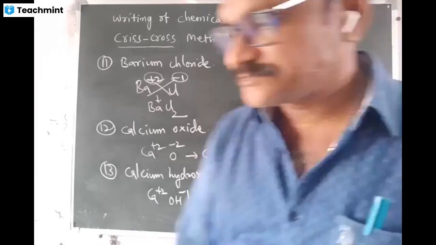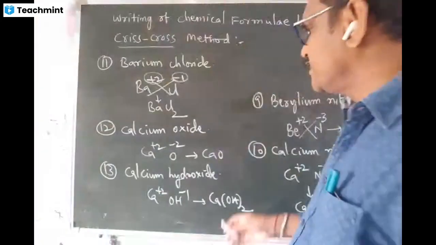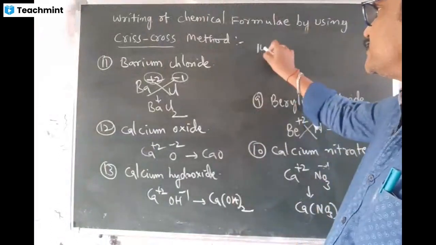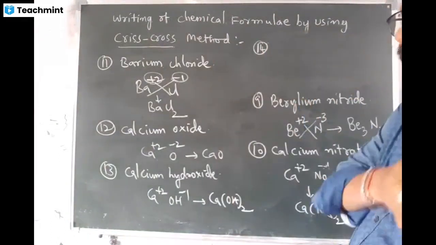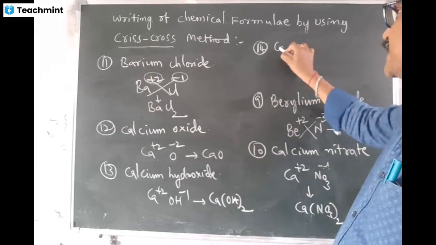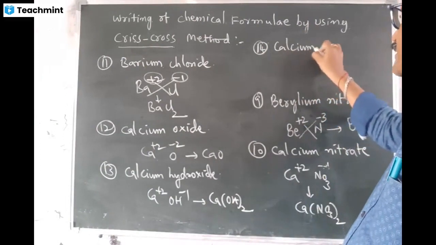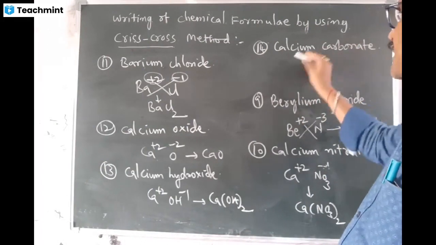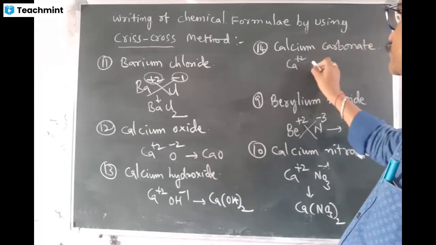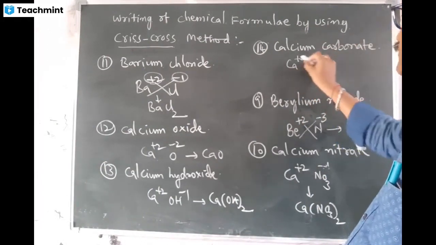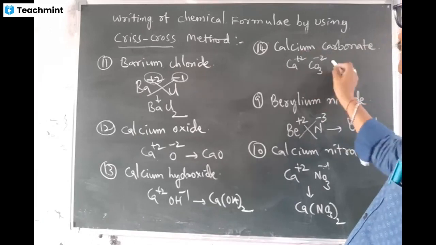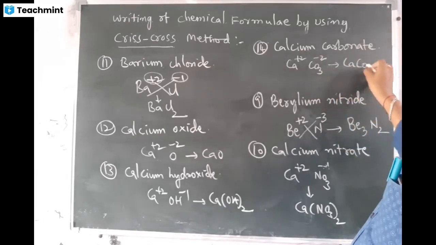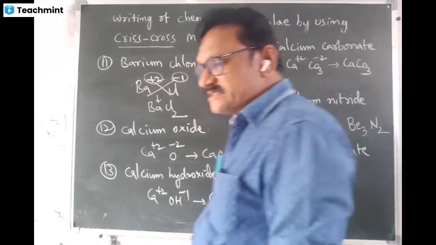Okay, then the 14th formula I write here, calcium carbonate. Calcium carbonate means Ca +2, CO3 -2. Here +2 and -2 both neutralize. Then you get the formula CaCO3. That's all. Calcium carbonate means CaCO3.